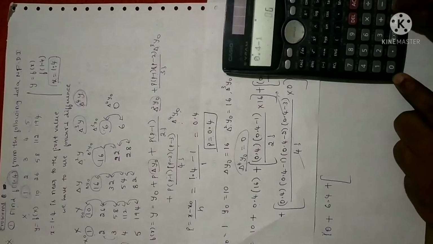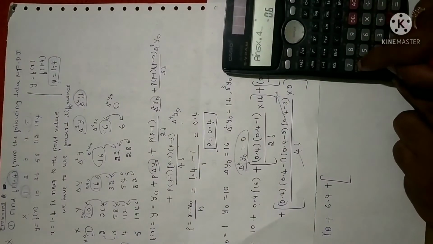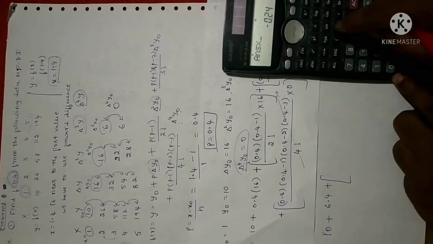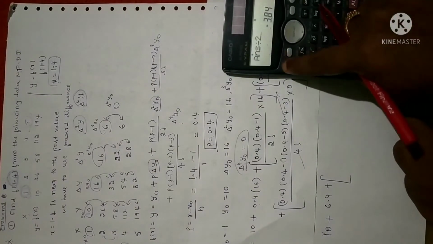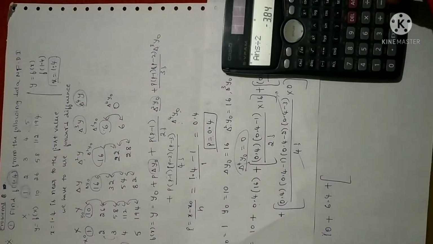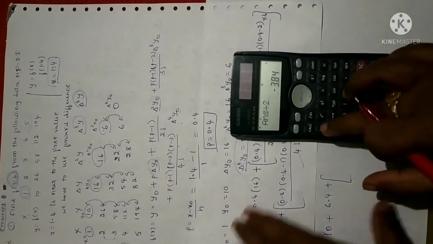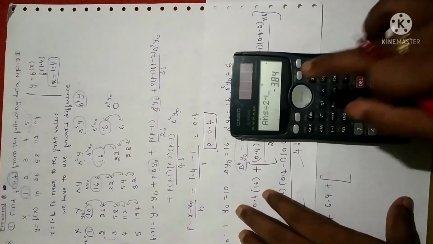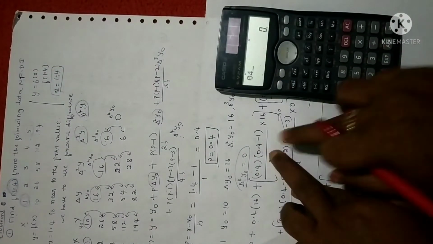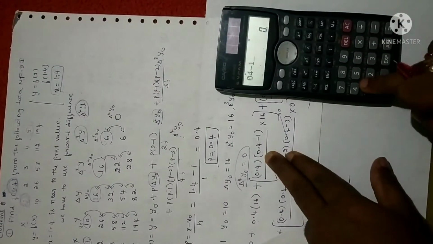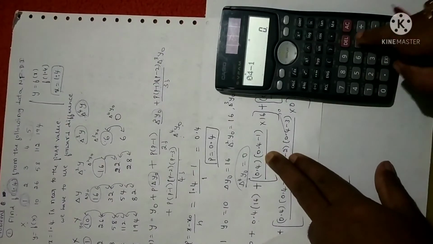Into 0.4 into 16 divided by 2 factorial. Press the shift button and here you have the factorial symbol. See, I'll just show you once again. First you have to calculate 0.4 minus 1. After that press the equal sign.